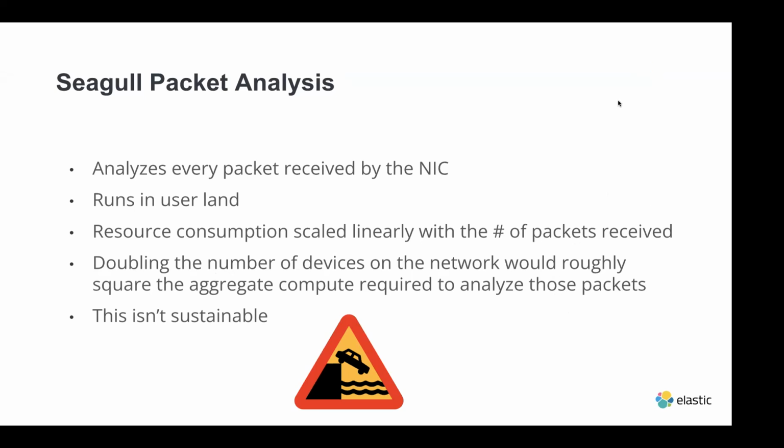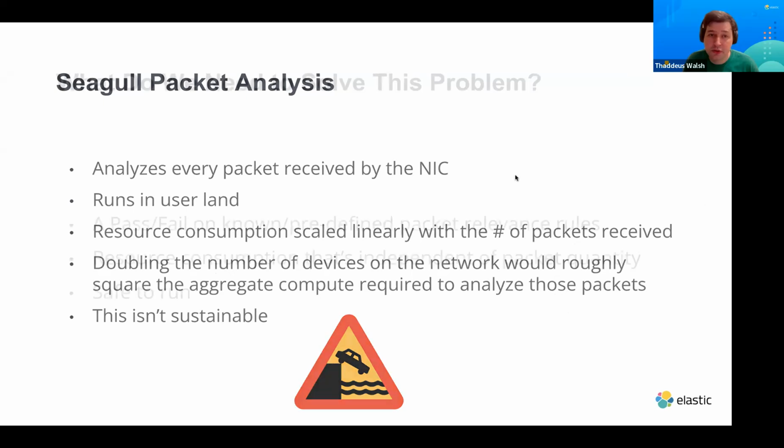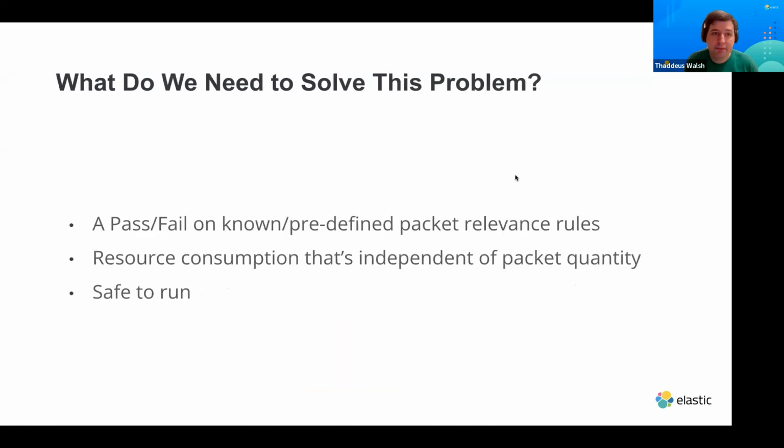Stand by. Yep. Awesome. So this obviously isn't sustainable. So we need a solution. What do we need to solve this problem? We need something that allows us to execute a pass-fail on a known or predefined packet relevance rules, most notably the destination address in the header.